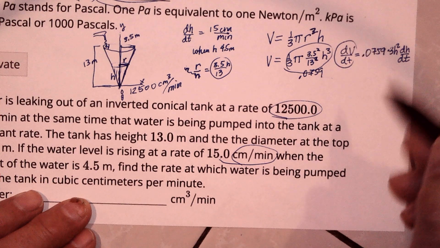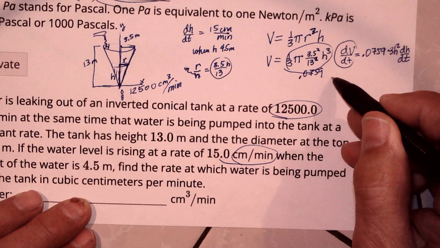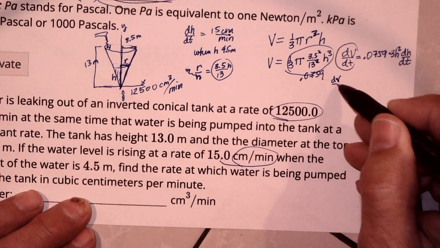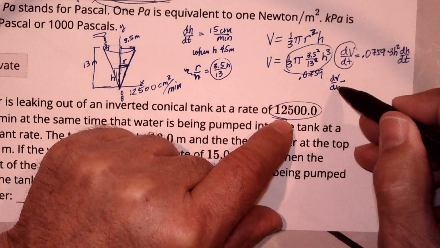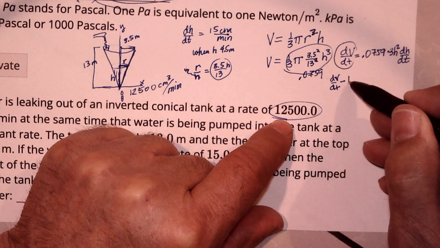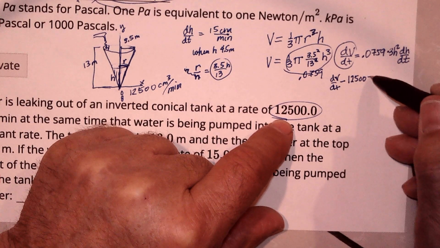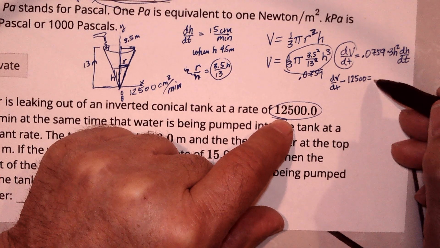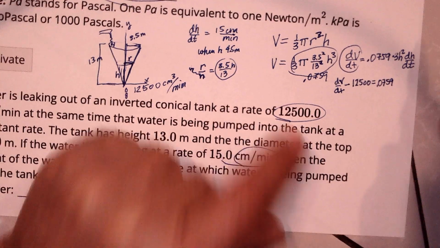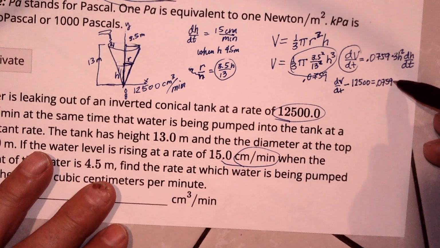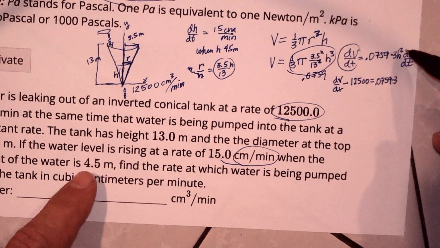So dV dt has two parts: the rate at which it's going in, dV dt going in, minus the dV dt going out, which is 12500, equals this constant 0.0759 times 3h squared dH dt.